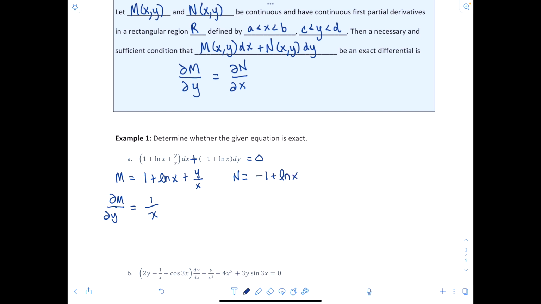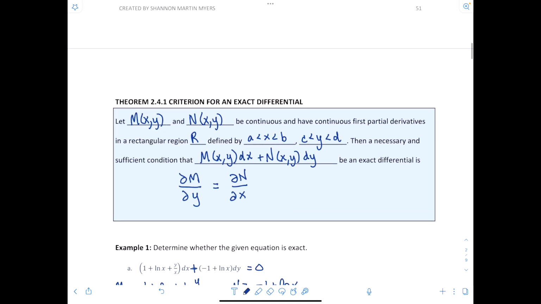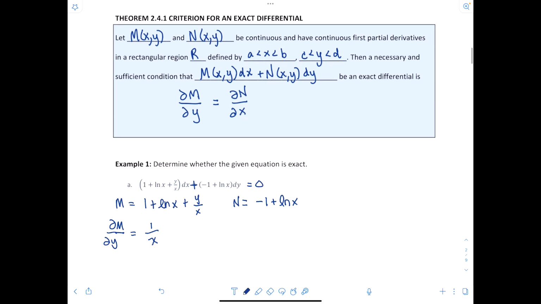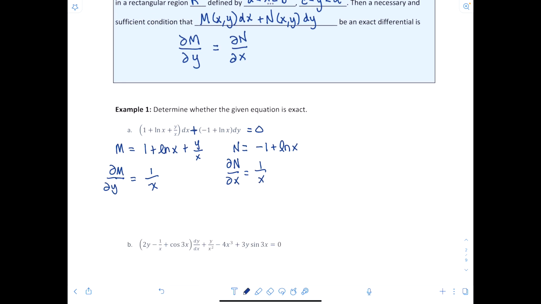You do need to make sure that you have it in the format of the differential, M dx plus N dy equal to 0. You might need to make an adjustment with the sign. Finding the first partial derivative of N with respect to x gives us 1 over x. So they match. We're good to go, since the partial of M with respect to y equals the partial of N with respect to x.